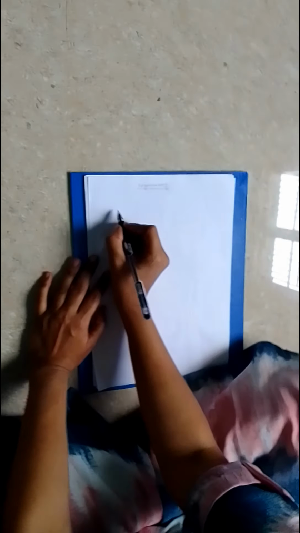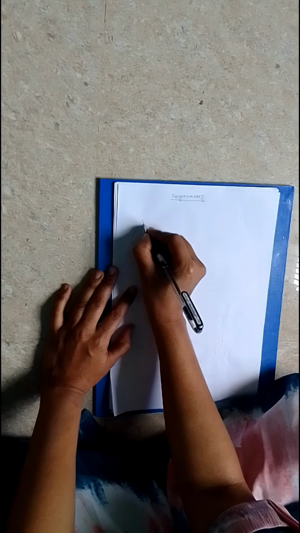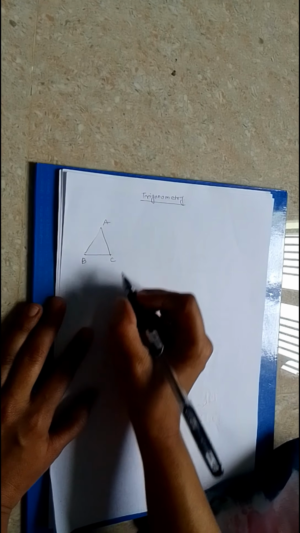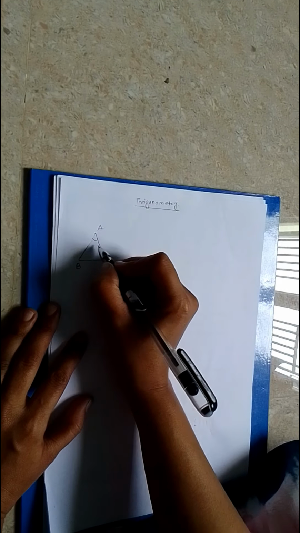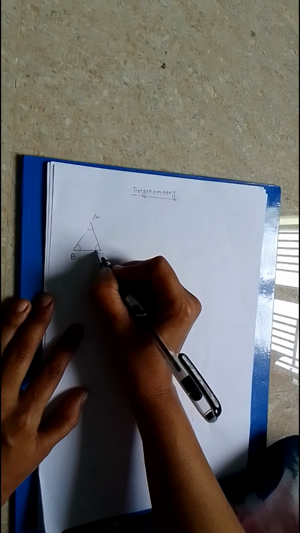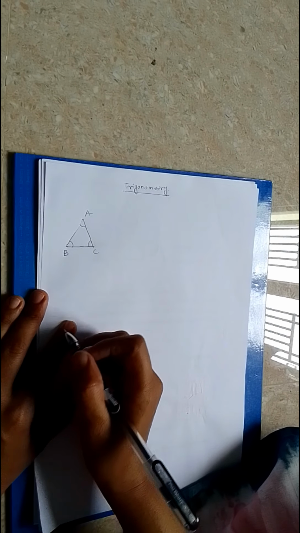Now we will see the triangle ABC. Let us consider a triangle ABC. This is angle A, this is angle B, and this is angle C. Now we will see the sides.